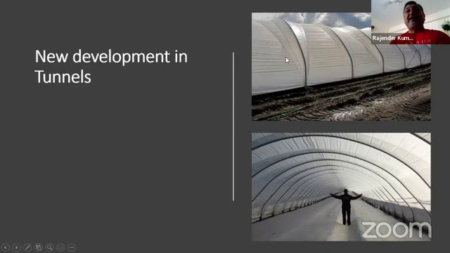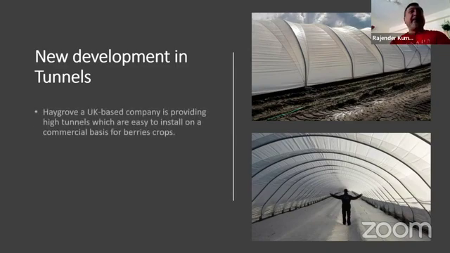So new development is taking place. You can see here these tunnels are a big size, the height is very good, and they have some additional protection also, like these stainless steel wires over the plastic. Here the color may be clear or opaque, depending on whether you want to cool down or heat up the environment inside.